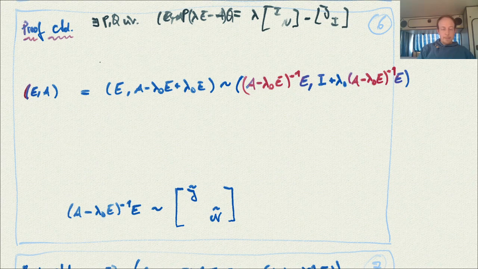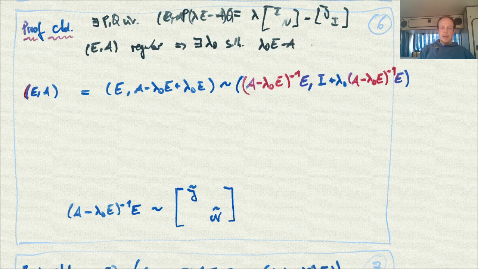Okay, so the first thing we use is that E, A is regular. In the first item of the proof, we need this assumption that it's regular. You already see that if it's not regular, then we will have other problems. But if E, A is regular, this means there exists a lambda 0 such that A minus lambda 0 E is invertible.